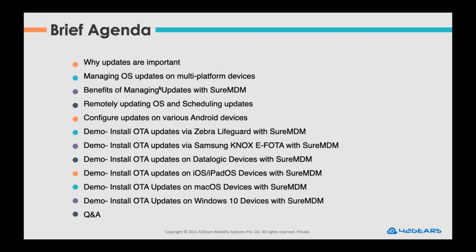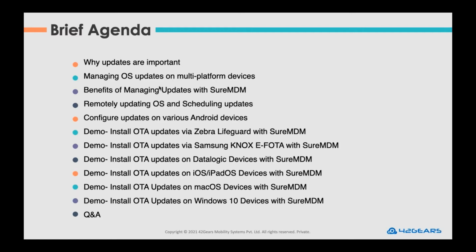Before we get started with our webinar, let me quickly give you a snapshot of all the things that we are going to discuss. We will start with discussing why updates are important and how updated systems can help businesses prevent mobile devices from falling prey to security vulnerabilities.